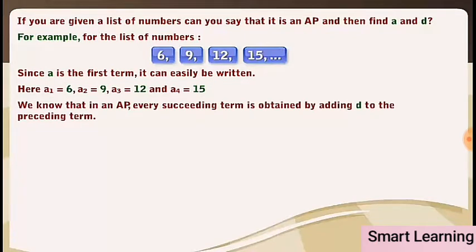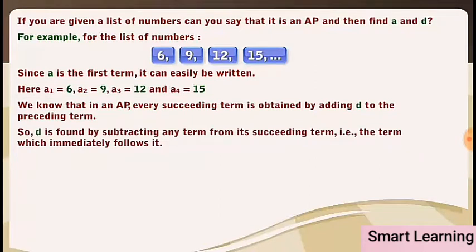We know that in an AP, every succeeding term is obtained by adding D to the preceding term. So, D is found by subtracting any term from its succeeding term, that is, the term which immediately follows it. We have A2 minus A1 is equal to 9 minus 6 is equal to 3.